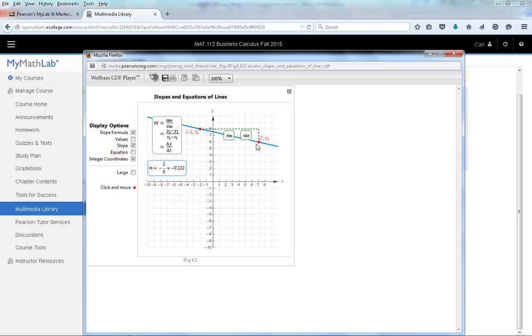So there's a couple of ways you can do this. One is by using the point slope form of the line. The other one is called the y-intercept, or the intercept formula. So there's a couple of different ways that you can define equations of lines.